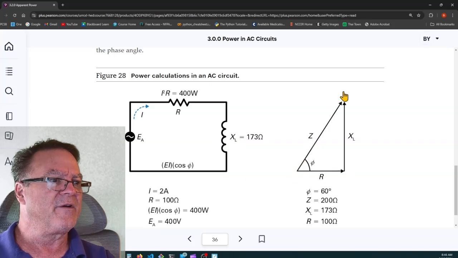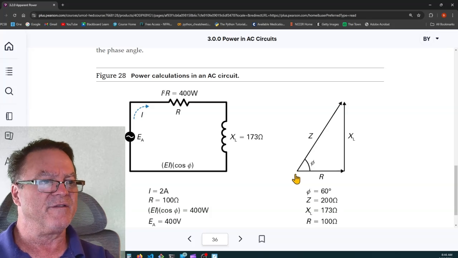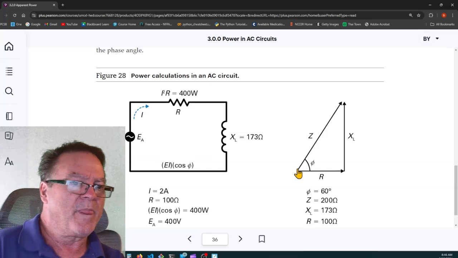Well, they're figuring the phase angle. What is the phase angle of this? It's the resistor divided by the impedance. So it's adjacent divided by hypotenuse, which is the cosine of theta. So we could say 100 divided by 200.